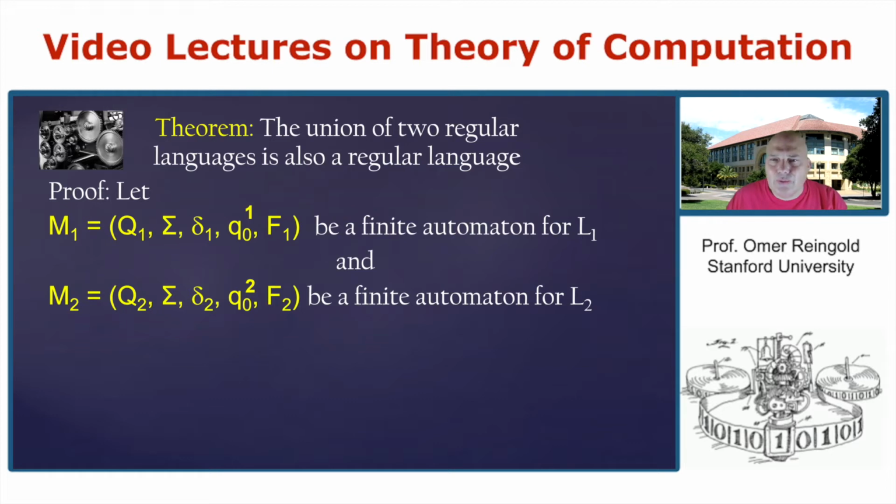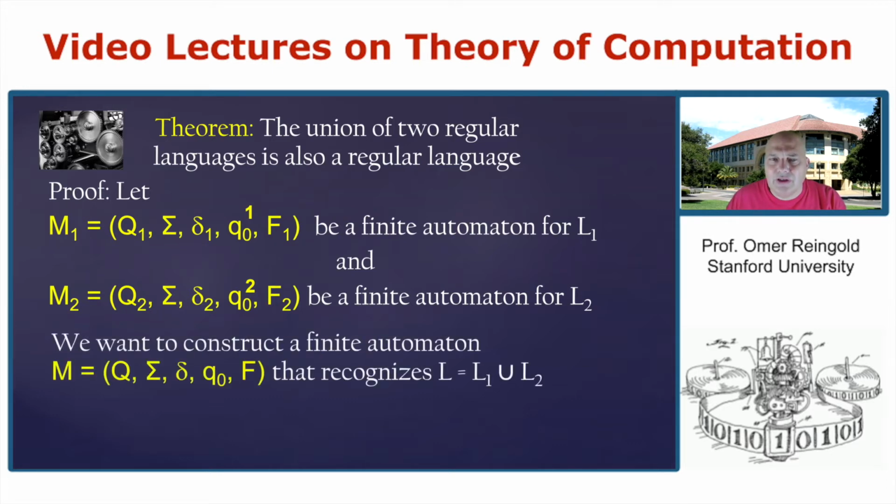And now what do we need to show? We need to show that there is another finite automaton M that will recognize the union of L1 and L2. So that's essentially what the theorem says. We didn't do much but parse the meaning of this theorem.